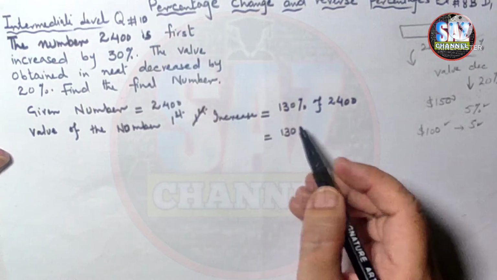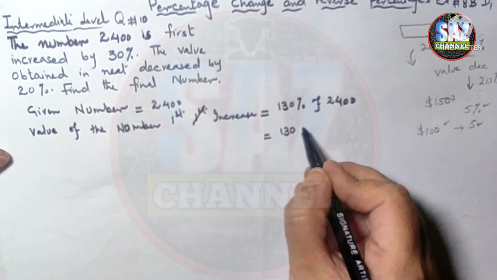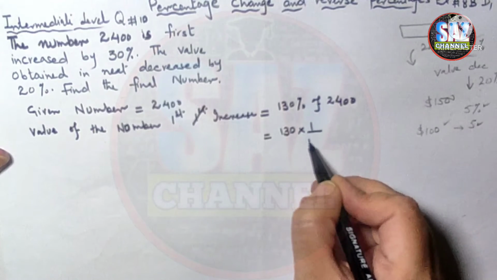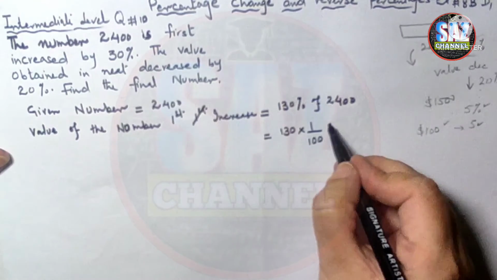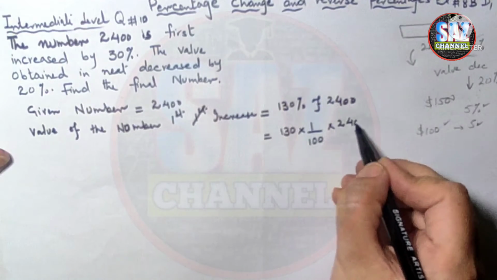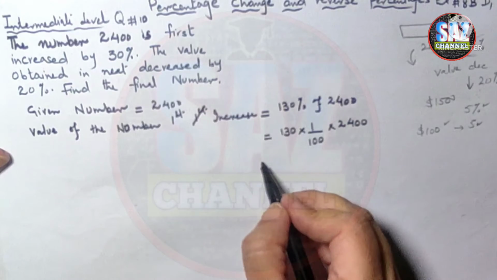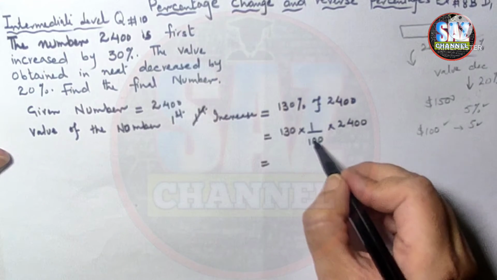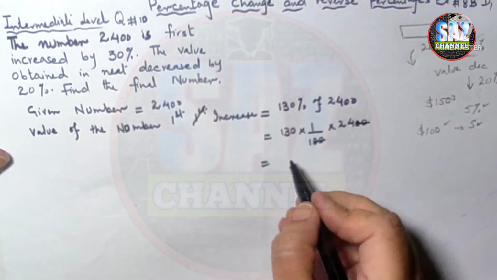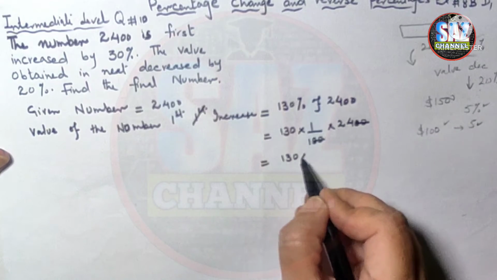So 130%, when I remove that percentage sign, I have to divide it by 100 and multiply it by 2400. I'll try to do the calculations mentally. These two zeros go with these two zeros, and 130 times 24.